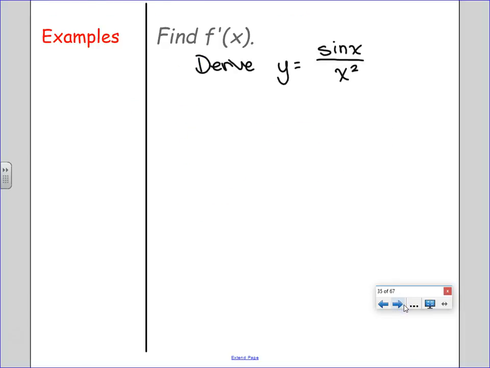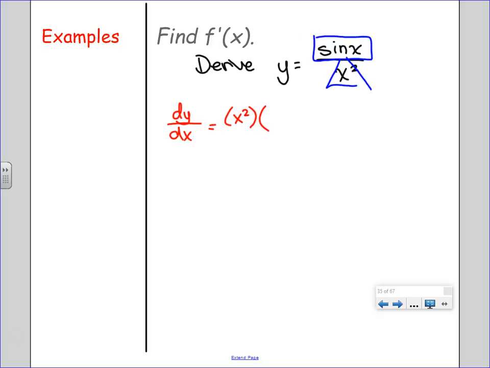Who's the top? Sine x. Who's the bottom? X squared. And how does the derivative work? Bottom d top. Bottom stays the same. D top.